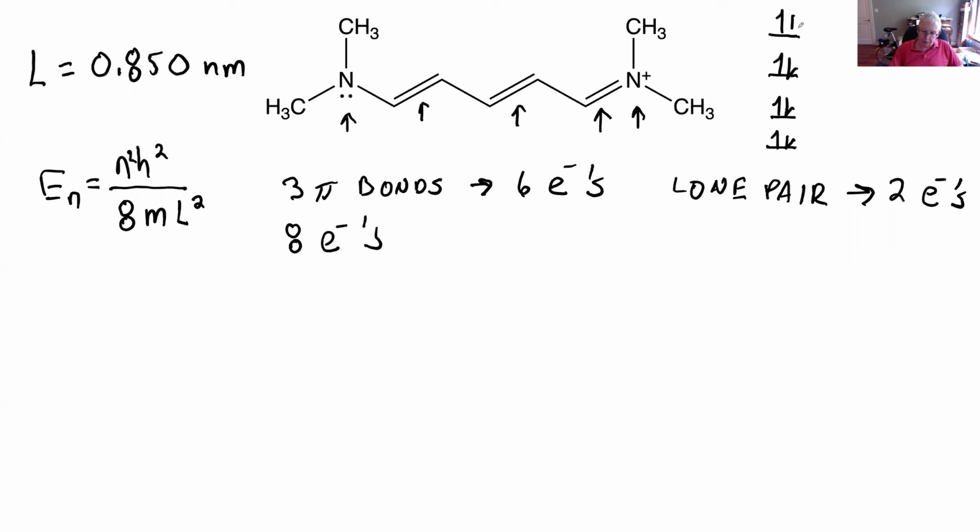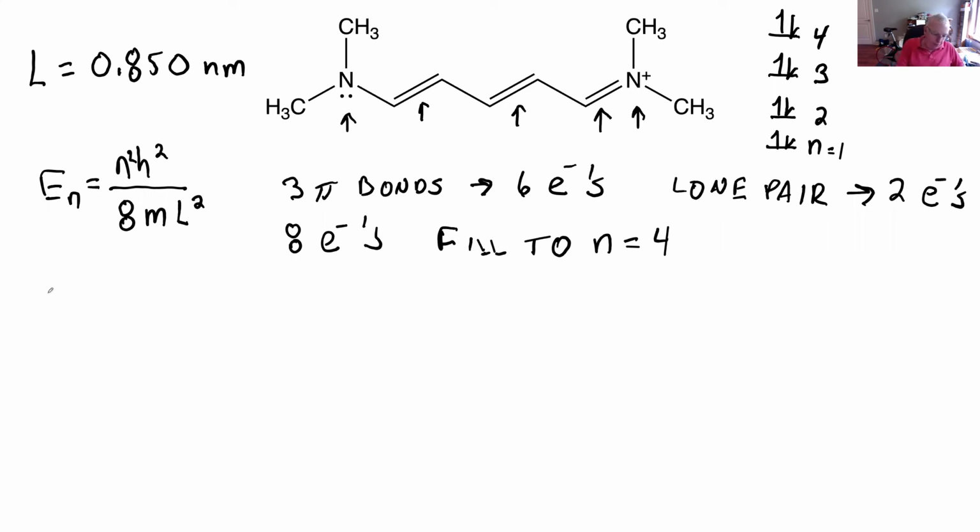So just like drawing an electron configuration, this is n equals 1, 2, 3, and 4. So that says I'm filled up to n equals 4, okay? And that means my transition is going to be from n equals 4 to n equals 5. That's going to be the lowest energy transition, right?